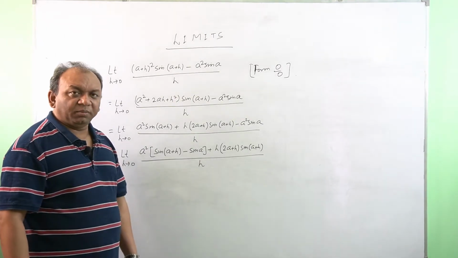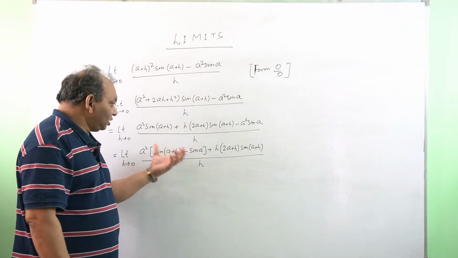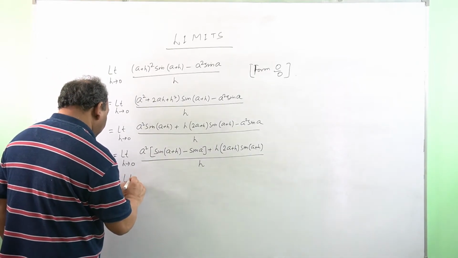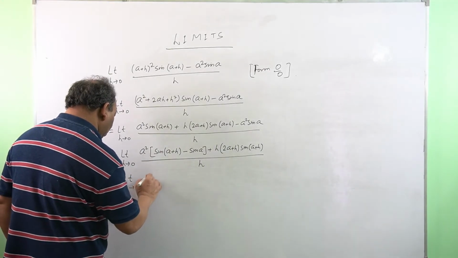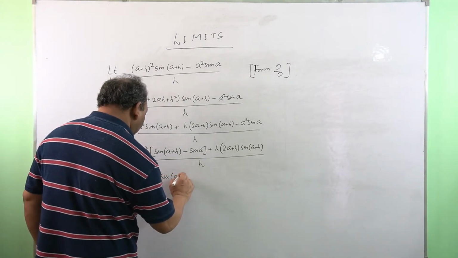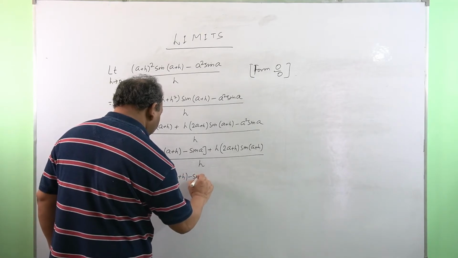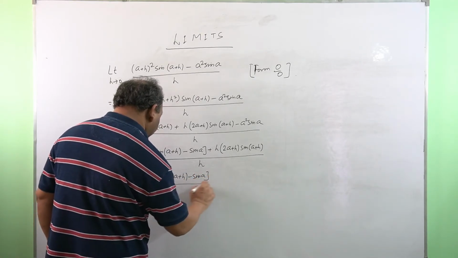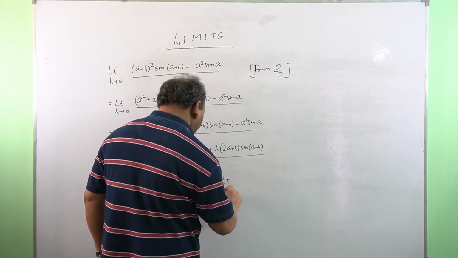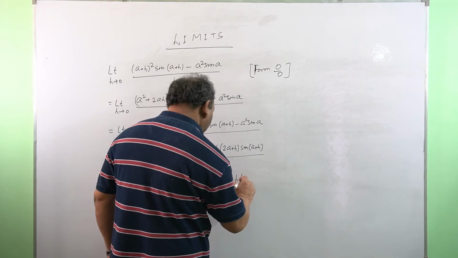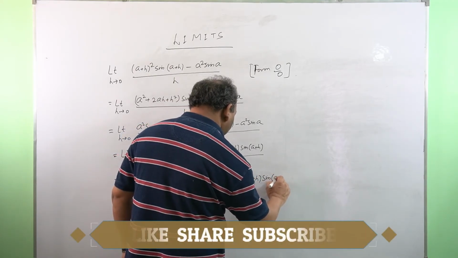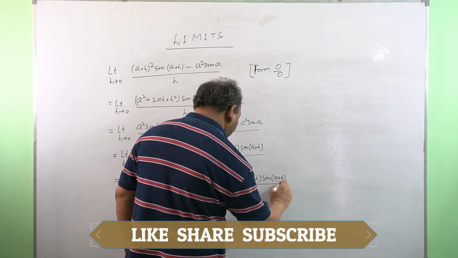From the properties of limit, we can split this limit into two limits. So we can write limit h tends to 0, a² [sin(a + h) minus sin a] divided by h, plus limit h tends to 0, h into (2a + h) sin(a + h) by h.